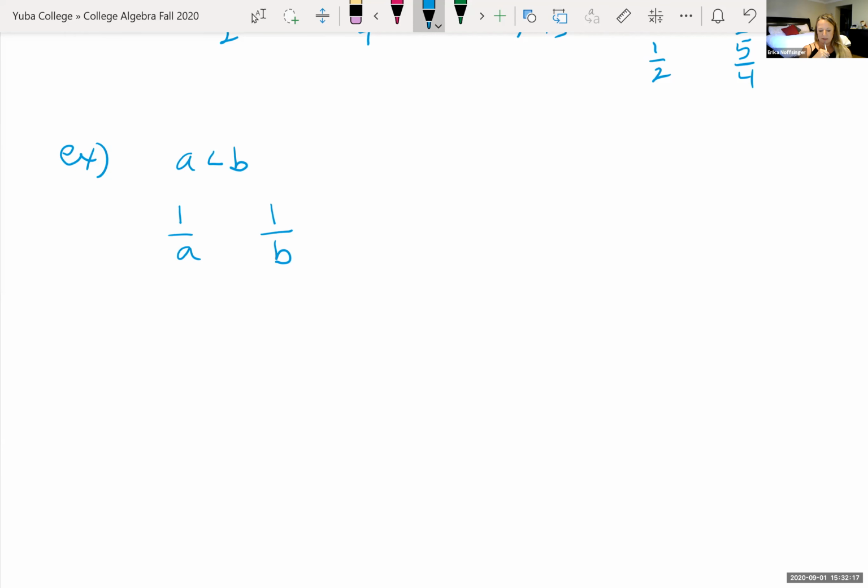Would it remain less than, or would it flip the inequality? I would guess it would flip since you're dividing by a bigger number. Right, so you're dividing by a bigger number, so that's actually a smaller number. And so when you're looking at this in the reciprocals, we flip our inequality.